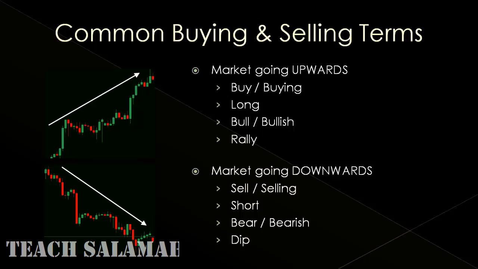Now, these are simply terms that traders will use when trading the markets. There's an interesting story about how they came about. For example, long and short. Back in the day when stock traders used to make money trading the stocks, the only way that they could really do that was when the market was going upwards. And it would take quite a long time for the market to go upwards. And if there was a crash or the stocks fell, it would normally take place very quickly.